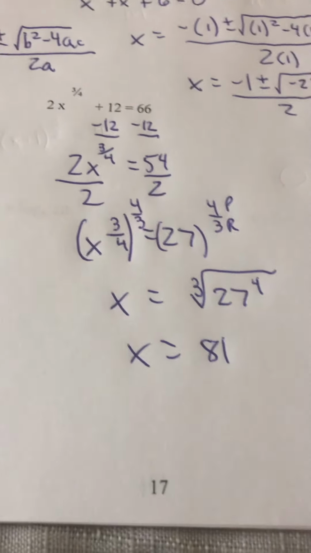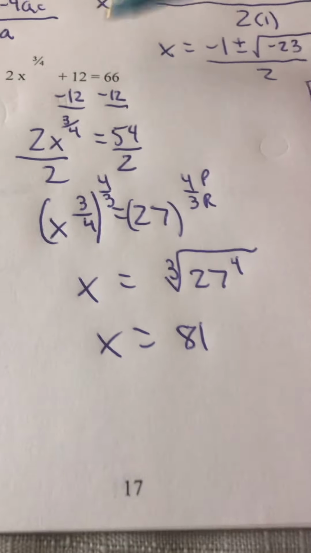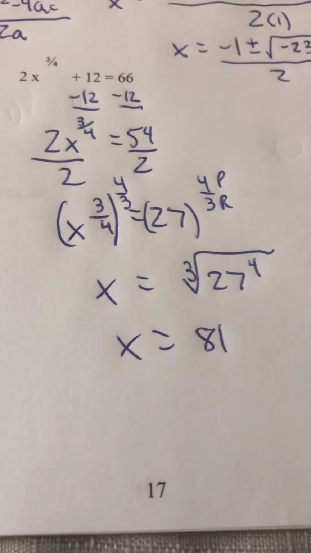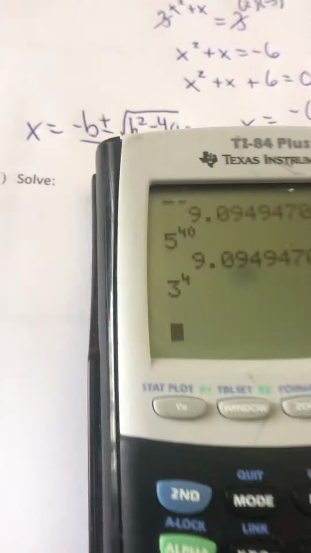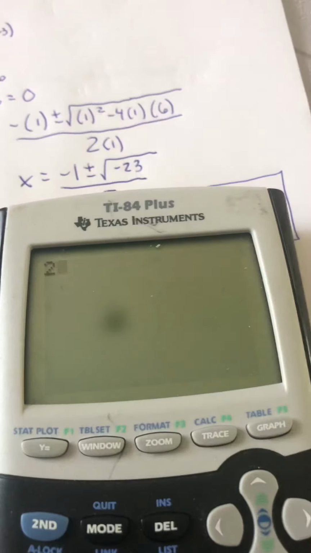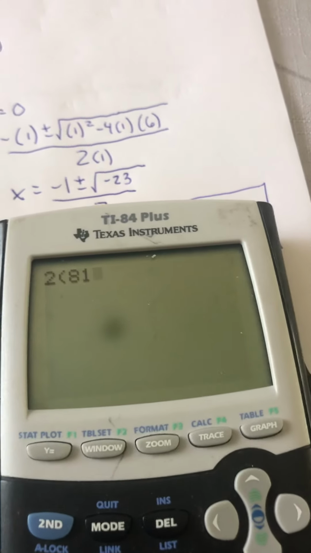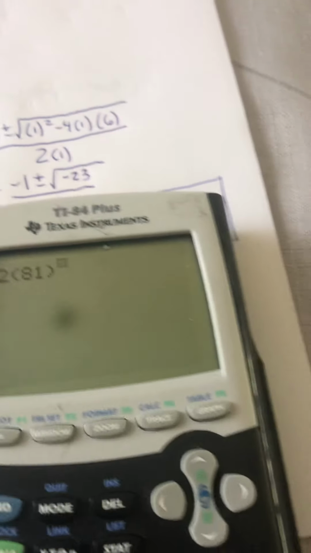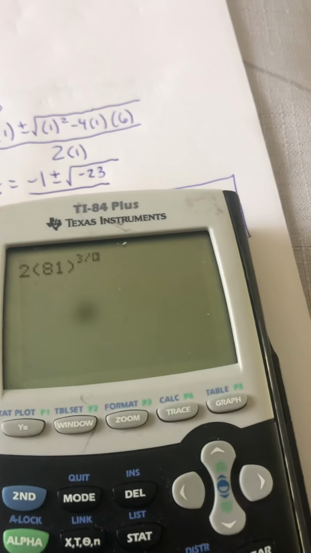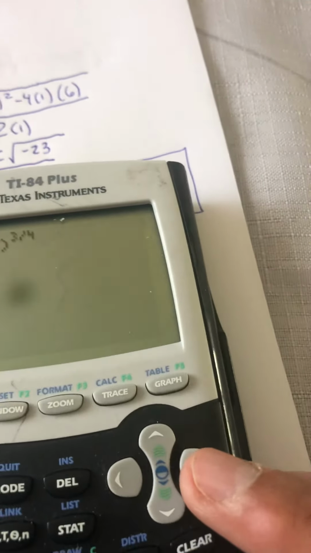The last thing you want to do is check your work, and we're going to use our calculator for this. So I'm going to take this equation and plug in 81. So on the calculator, I will have 2 times 81 to the 3/4 power plus 12.